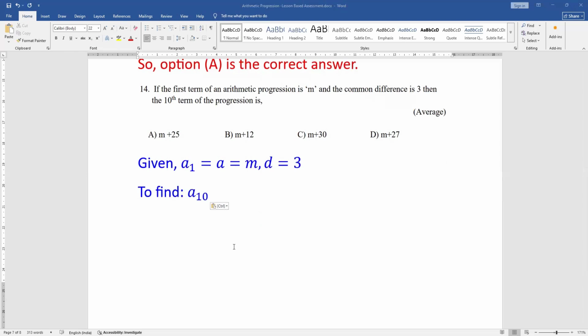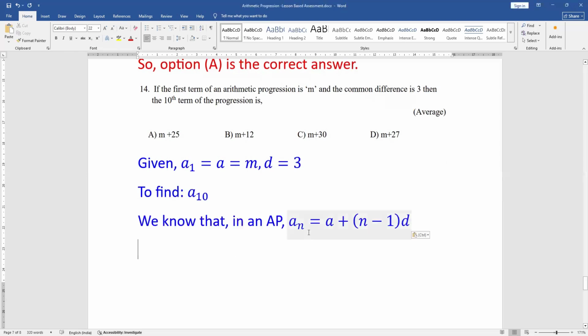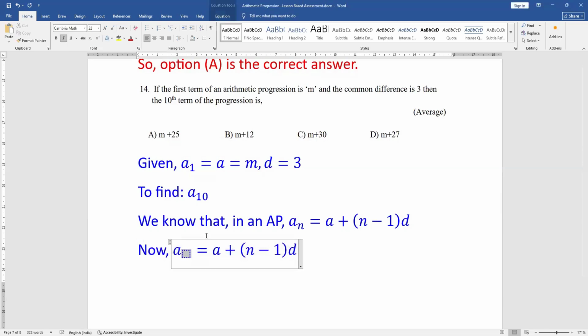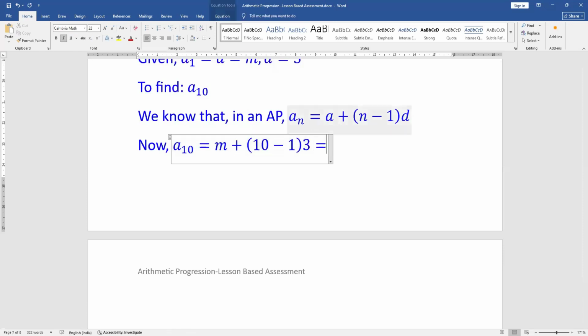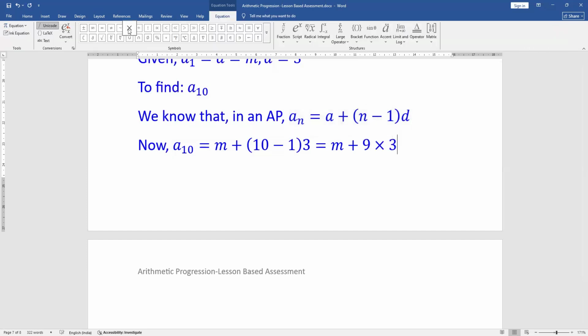Now we write down the formula for AP. We know that an equals a plus n minus 1 into d, correct? So I'm writing the formula once again. Wherever n is there, let's replace n with 10. Since we are asked a10, I replace n with 10. Then as I told you, the first term is nothing but m, so I should replace a with m. Then what is d here? The common difference is given to be 3, correct? So I put 3, and it equals m plus 10 minus 1 is 9, 9 into 3. So 9 into 3 is nothing but 27.